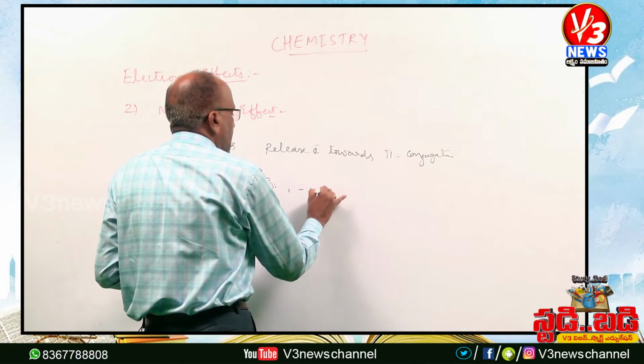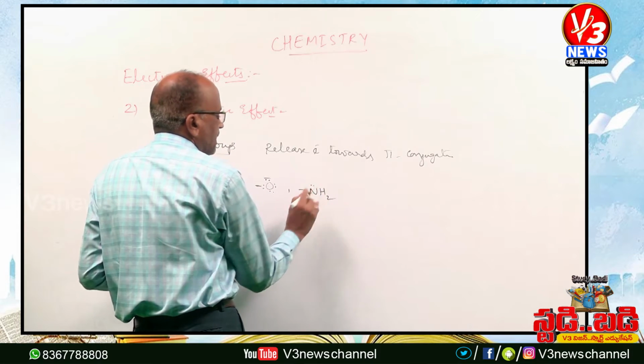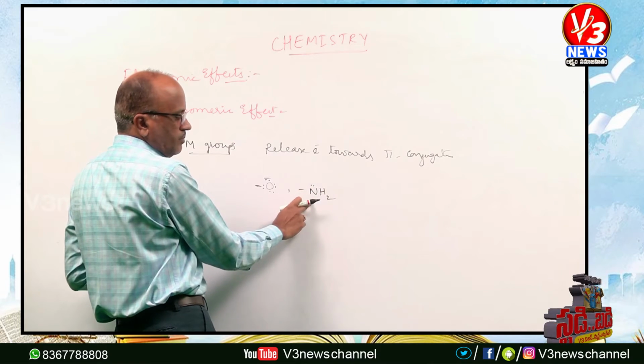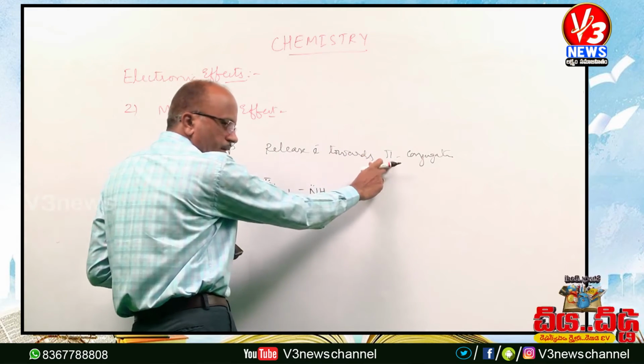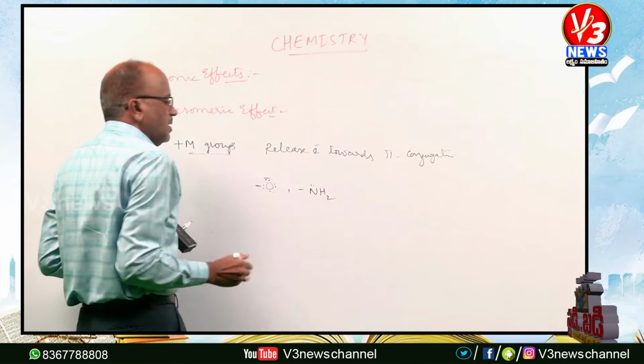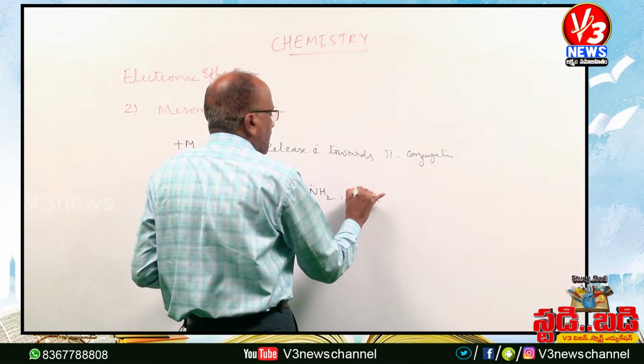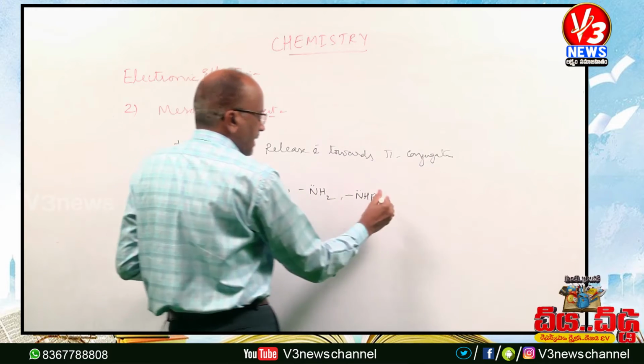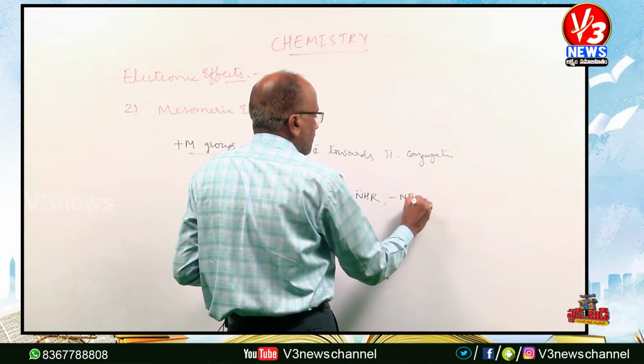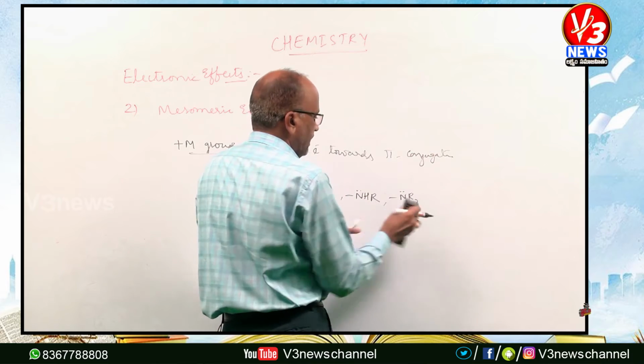Then NH2, here there is a lone pair on nitrogen. When it is in conjugation with the pi bond, it shows plus M effect. Similarly, a primary amine, a secondary amine, and a tertiary amine, here NR2.